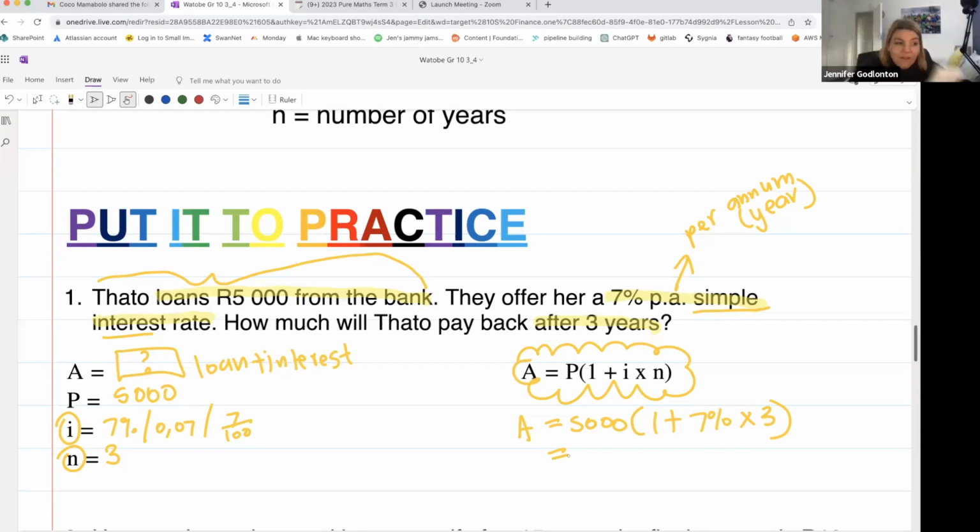If you get the wrong value, we need to know what you're doing wrong. So often what's happening is people forget the percentage sign or they don't put their brackets in correctly. If you do not get the answer of 6,050 Rand, you need to let me or Nelly know so that we can help you. Something is going wrong with how you're putting it into your calculator if you're not getting that answer.